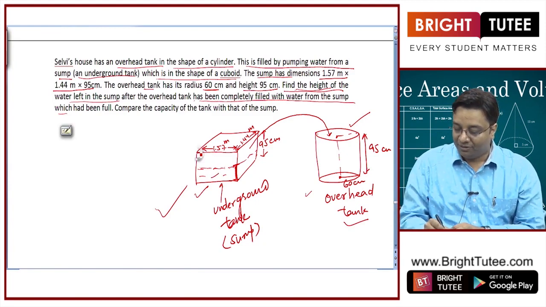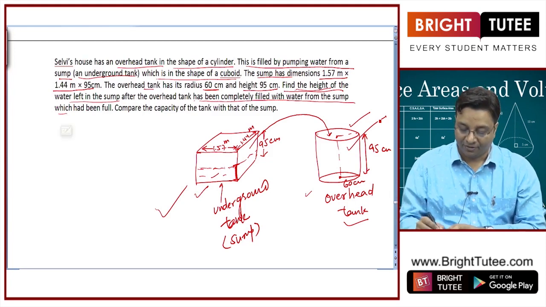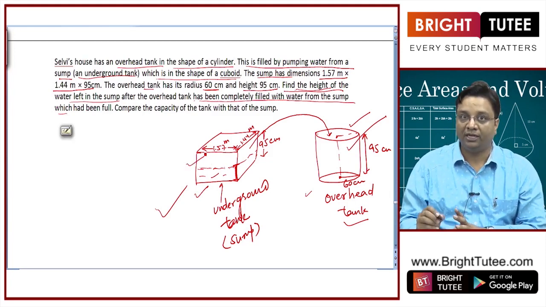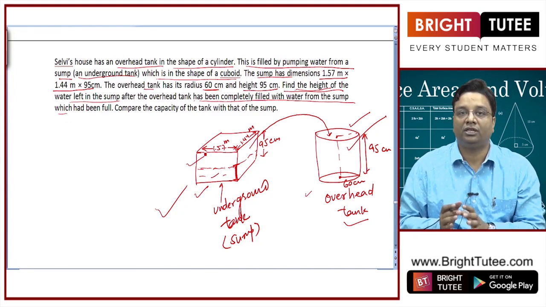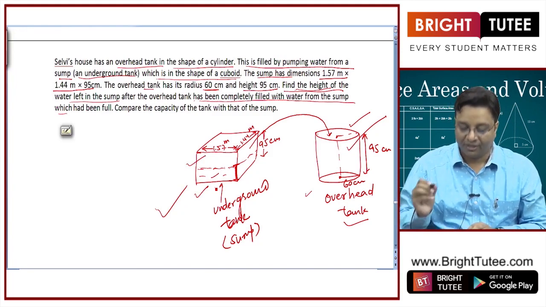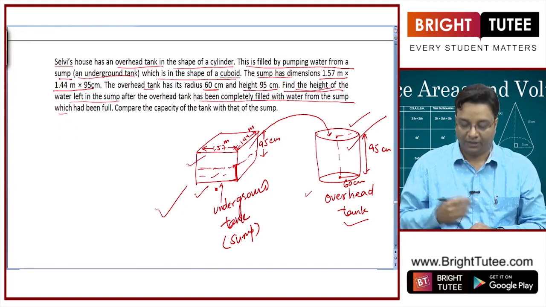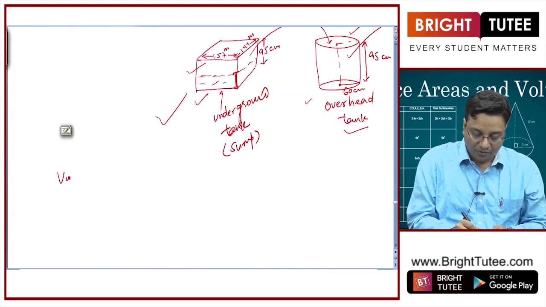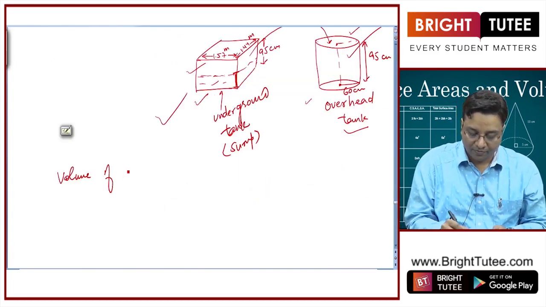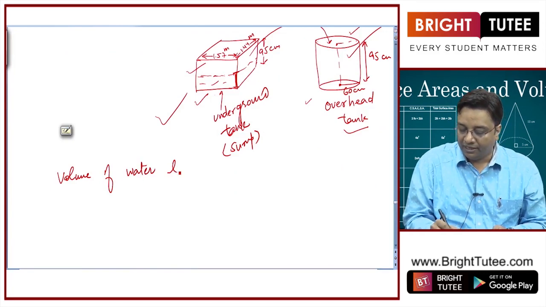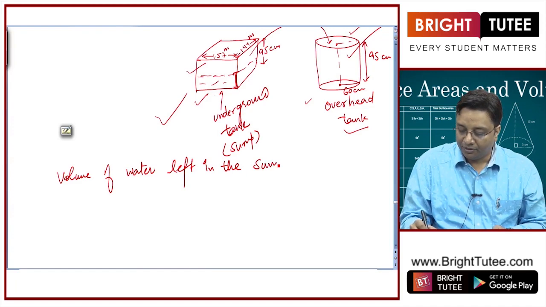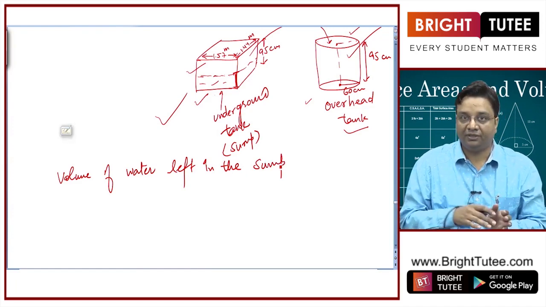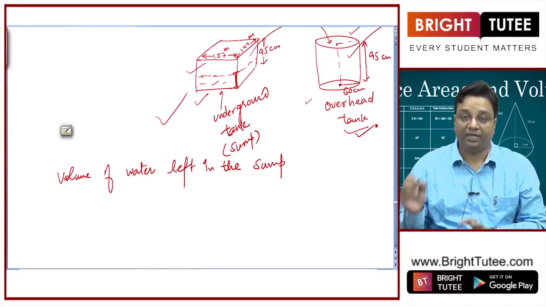Now if I subtract the volume of this cylindrical tank from the volume of this cuboidal tank, I will get the volume of water remaining in this sump. So what is the volume of water left in the sump after shifting the water, after filling the overhead tank?